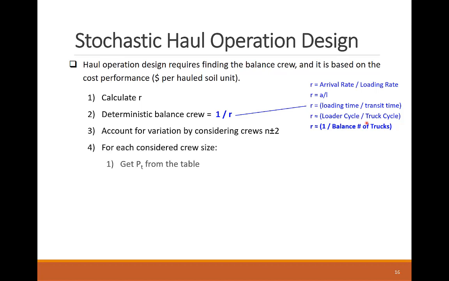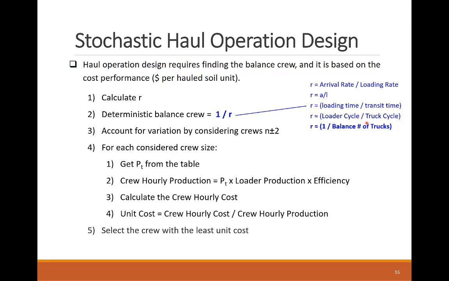For each crew size now around the balance point, we will need to calculate PT, the production rate, crew hourly cost, and unit cost. Finally, select the crew composition that provides the least unit cost.